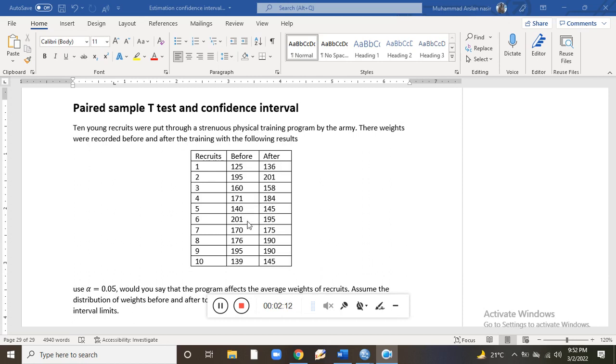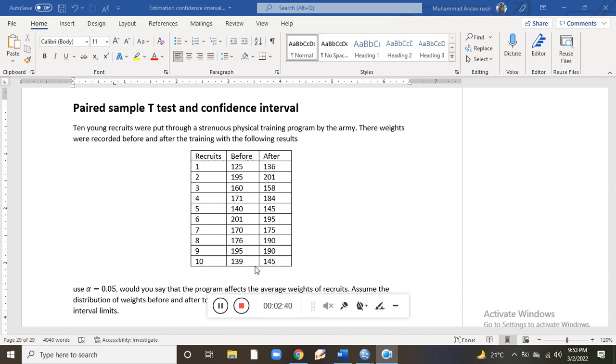The fifth recruit gained weight. The sixth recruit lost weight, and the seventh recruit also gained weight. The eighth recruit gained a lot of weight, about 14 or 15 pounds. The ninth recruit lost weight, and the 10th recruit gained weight.